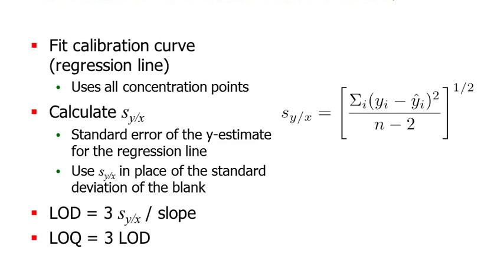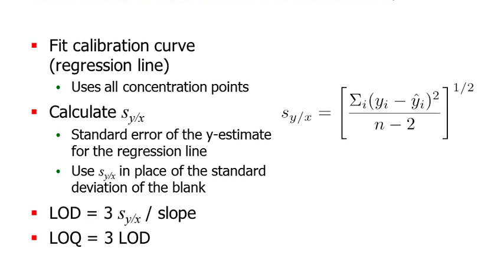So I'll go through a couple of other methods that we explored during the process of coming up with this, and then kind of show you how those compare with the method that we finally used. So this method uses the entire calibration curve in order to find the LOD.